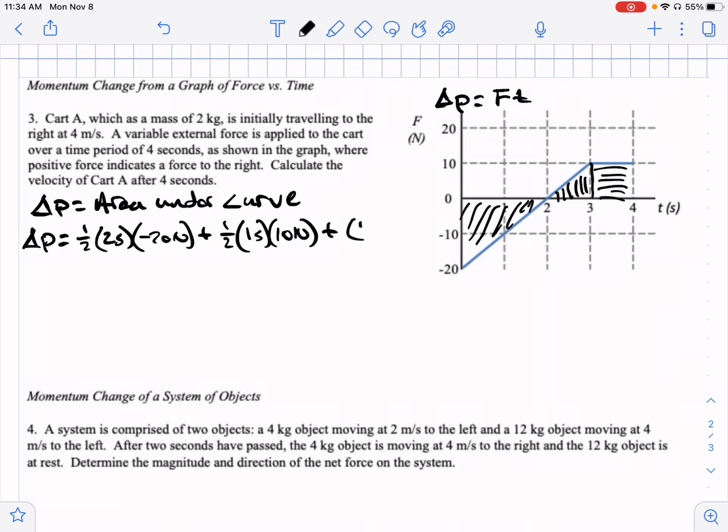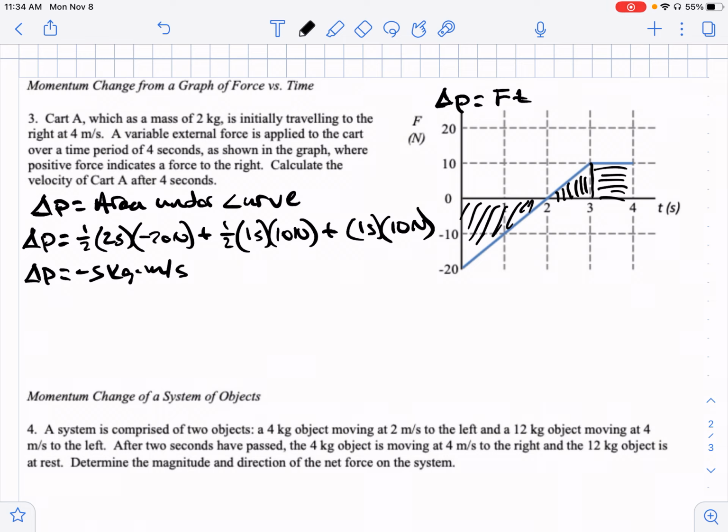So we got 1 second times 10 newtons. And then when we add all these up, you should end up with a change in momentum of -5 kilograms times meters per second, or newtons times second.